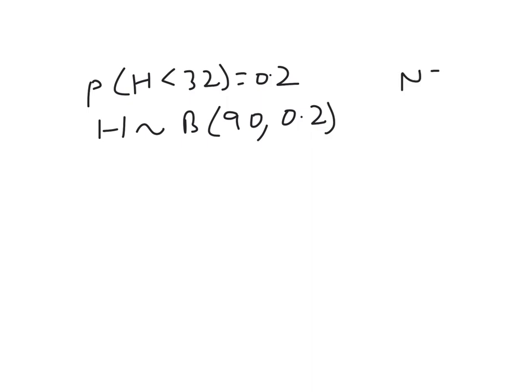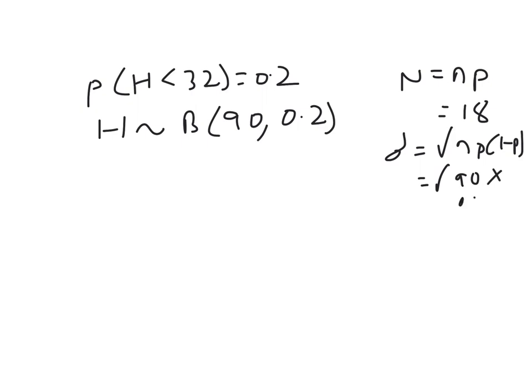So from that, mu equals np, that's 90 times 0.2, that's 18, and the standard deviation is the square root of np(1 minus p), which works out to be the square root of 90 times 0.2 times 0.8, so that's the square root of 14.4.